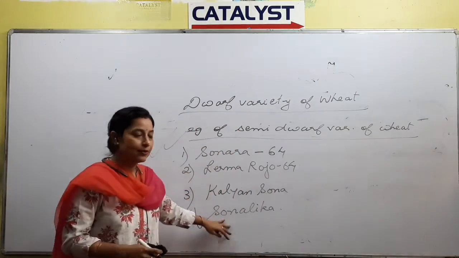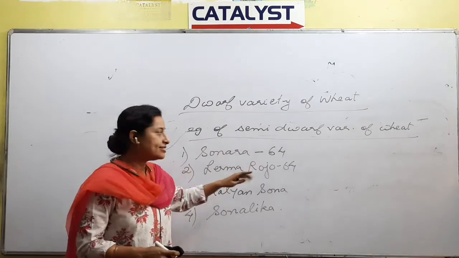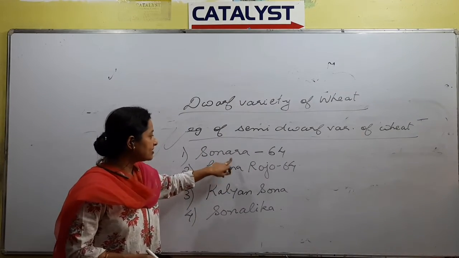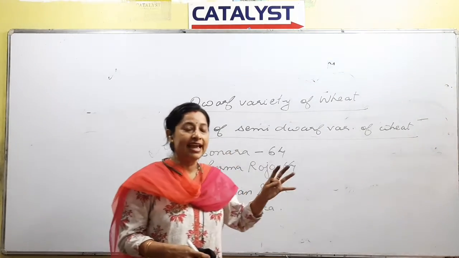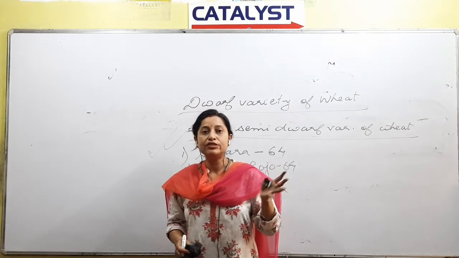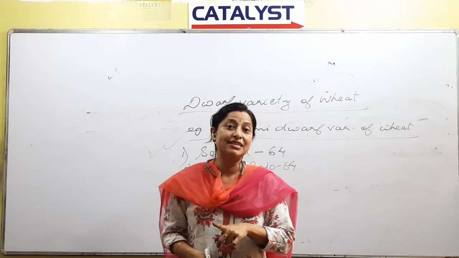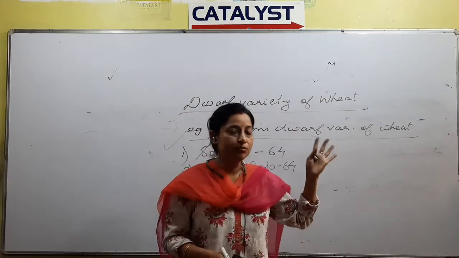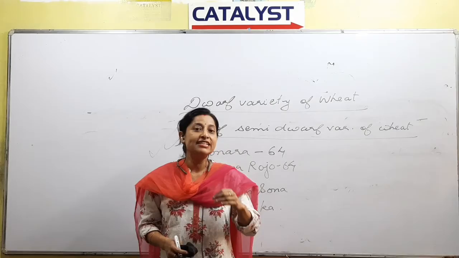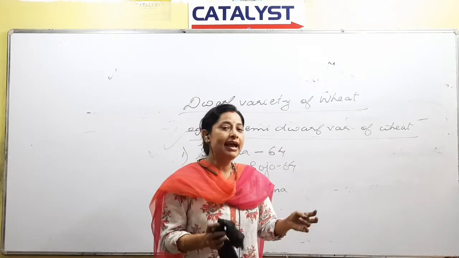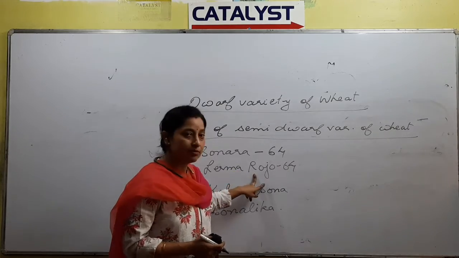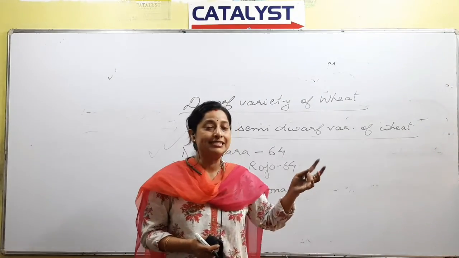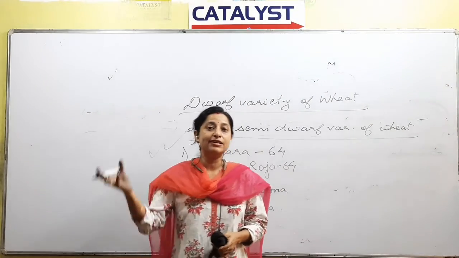Right. Another point of interest is that Sonara 64 and Lerma Rojo 64, these two semi-dwarf varieties, were actually produced in Mexico, right? Dr. Norman Borlaug created the semi-dwarf varieties, and the names of those two semi-dwarf varieties of wheat were Sonara 64 and Lerma Rojo 64. They were made in Mexico, and from Mexico they were introduced to India.